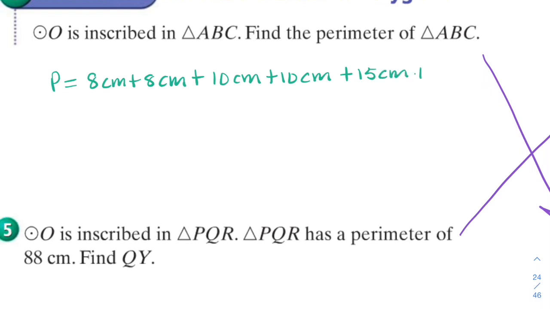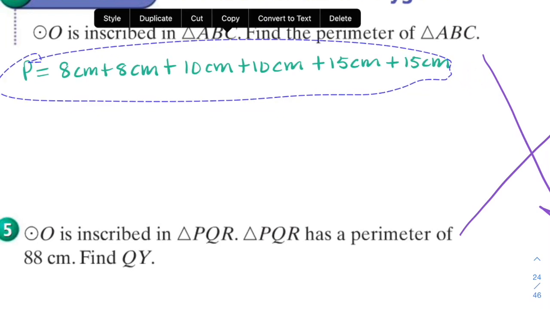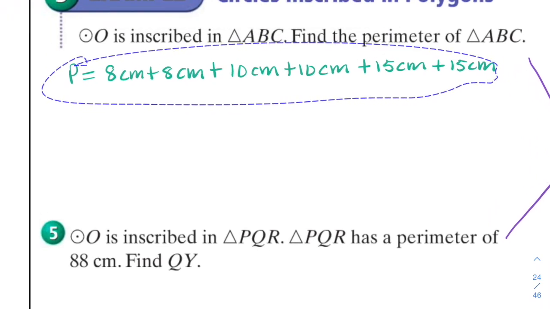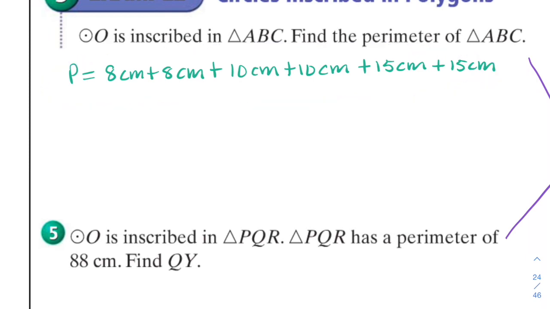You can add the 3 unique ones, and then times it by 2. I know some of you are already thinking that. That's okay to do. If you did that method, you would have got 33, and you would have multiplied it by 2. Here we have a total of 66 centimeters.